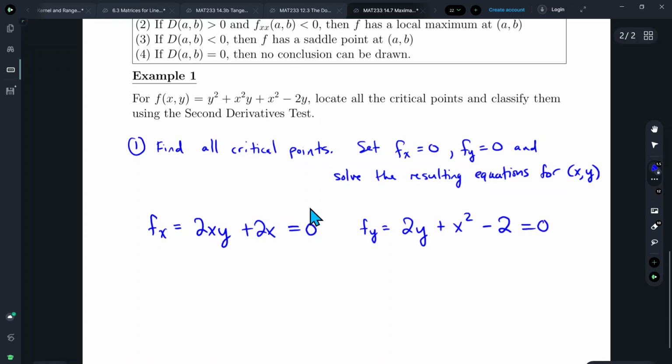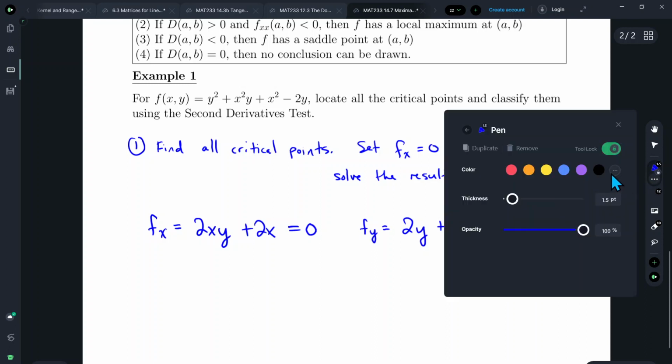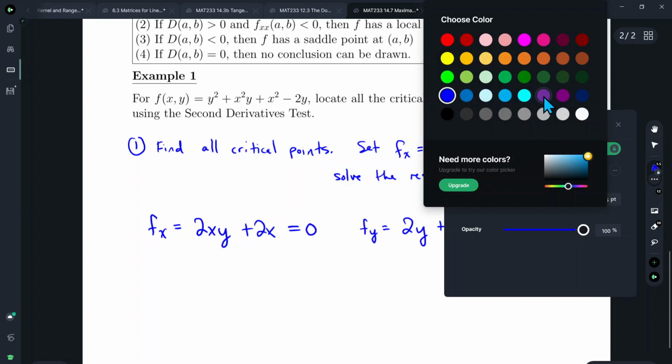Now essentially I have these two equations, this thing equal to 0 and also this thing equal to 0, and I need to solve both equations for x and y. Both equations involve x and y, and they're also nonlinear equations, so sometimes these can be difficult to solve.